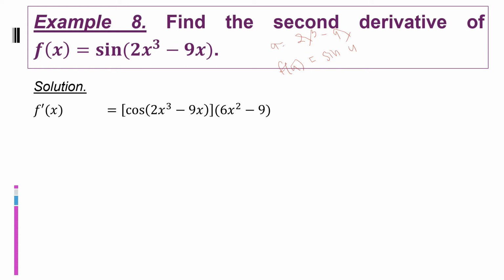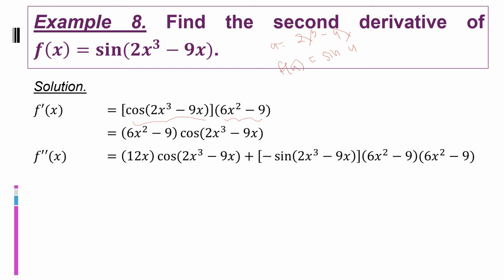By chain rule, we have cosine of 2x cubed minus 9x, ito yung derivative ng sine natin, times yung derivative ng nasa loob is 6x squared minus 9. So that is 6x squared minus 9 times cosine 2x cubed minus 9x.